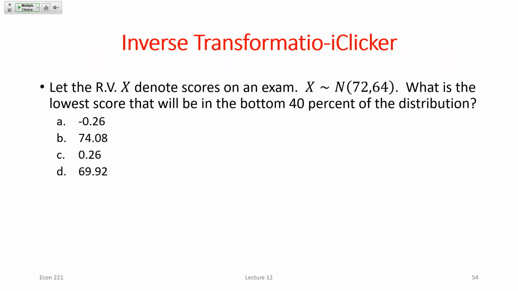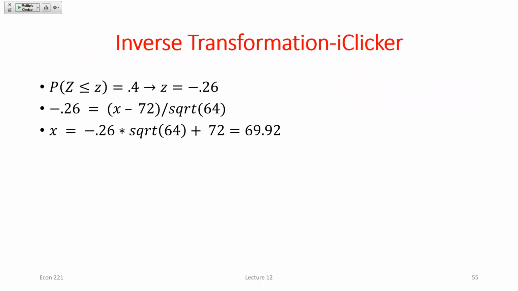I'll then use that z-score in my transformation formula. All I'm going to do is plug in that negative 0.26, plug in 8, plug in 72, and I should get approximately 69.92.